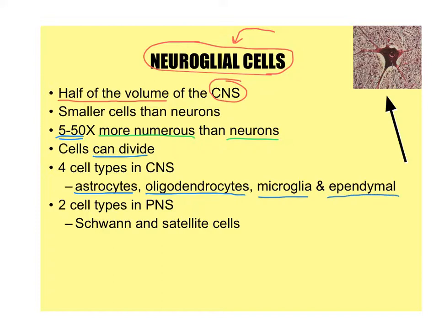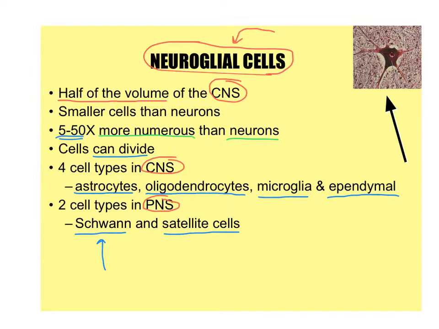Now those 4 are the ones that are active in the central nervous system, that is the brain and spinal cord, and then 2 are active in the peripheral nervous system, all of your neurons located outside of the brain and spinal cord. Those are the Schwann cells, which we've gone over a little bit, and also satellite cells. The Schwann cells wrap the axons of the neurons in the peripheral nervous system with the myelin sheath.